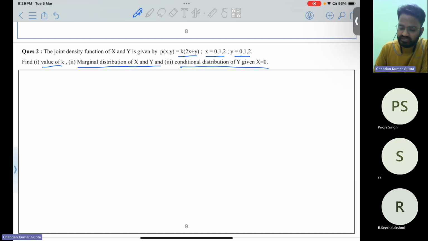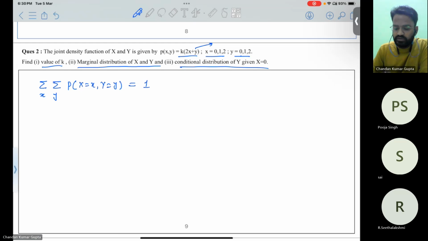Again, since it is a PDF, the summation of probability should be equal to 1. So from here we will take the summation for x equal to 0 to 2, y equal to 0 to 2, of k times 2x plus y, equal to 1.